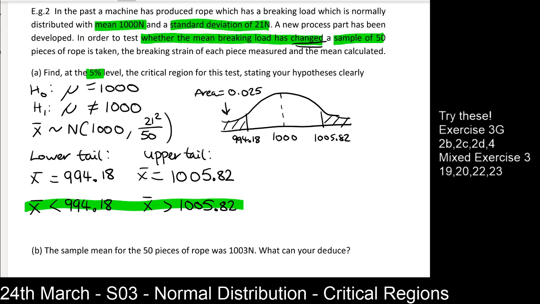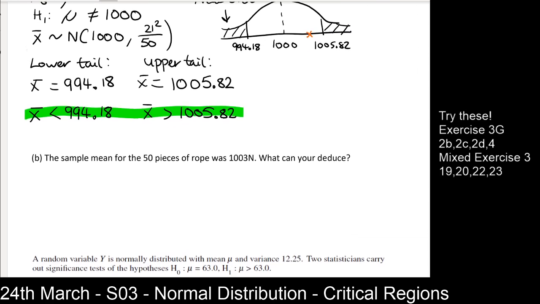Then we're told that the sample mean in part B for the 50 pieces of rope was 1003 newtons. So we took a sample of 50 and we got 1003 newtons in our sample. If we look at our diagram here, we can see that 1003, where I've just put that red cross, does not lie within the critical region.